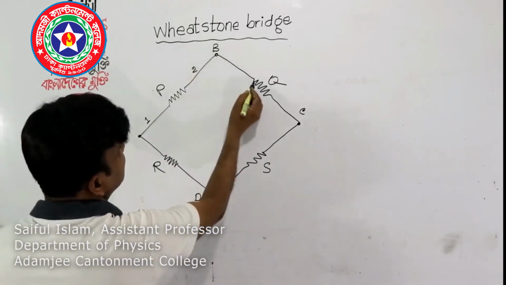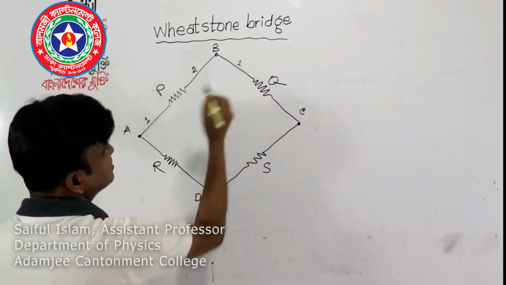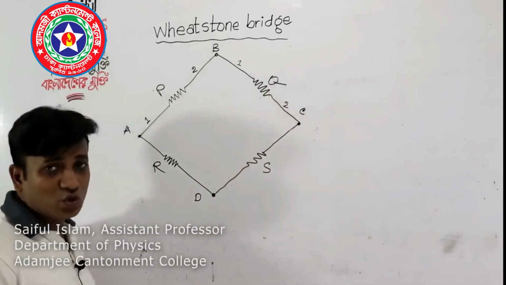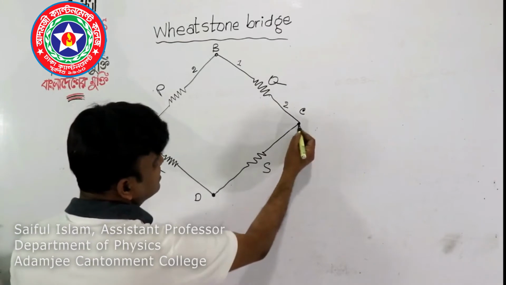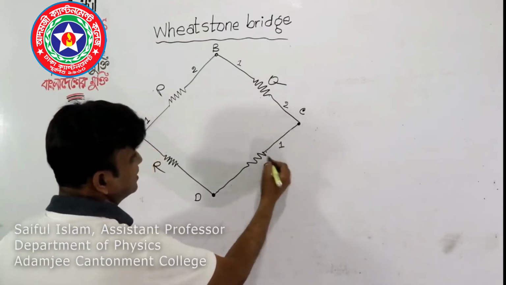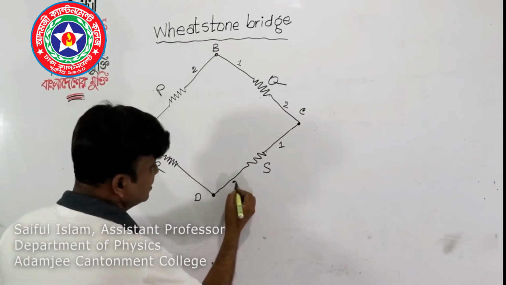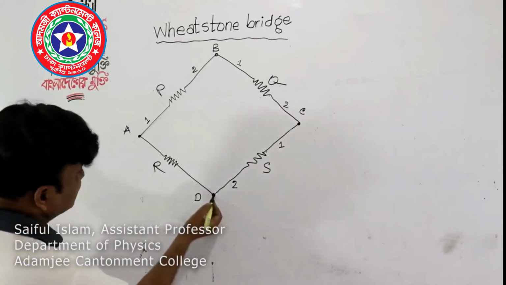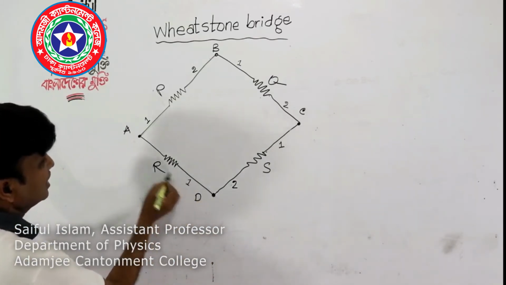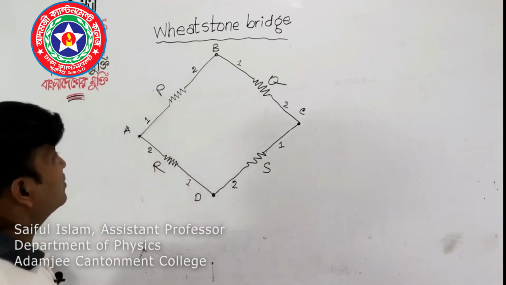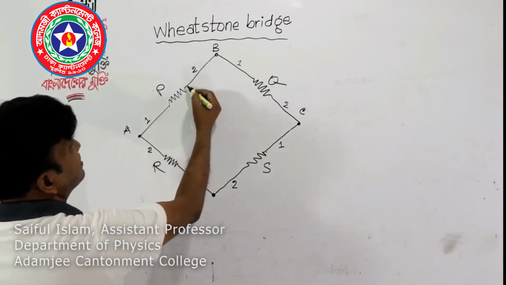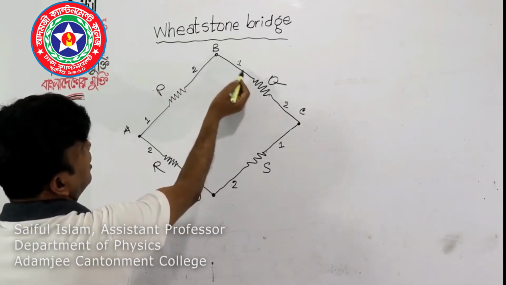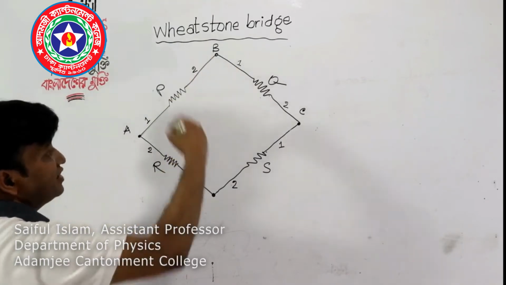Similarly, this leg is the first leg of resistance Q and this leg the second leg of Q. Again, this leg is the first leg of resistance S and this leg the second leg of S. So the second end of P is connected to the first end of Q. That's why it is series.